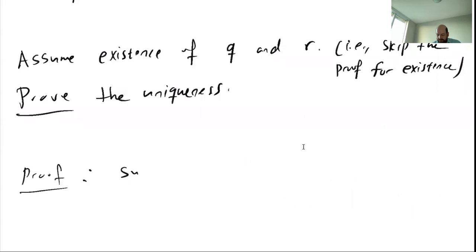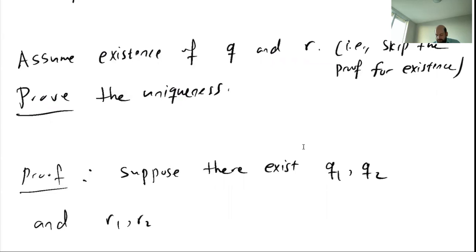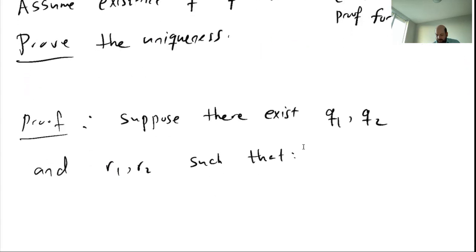So suppose there exist Q1 and Q2 and R1 and R2 such that A is equal to BQ1 plus R1 and also BQ2 plus R2.